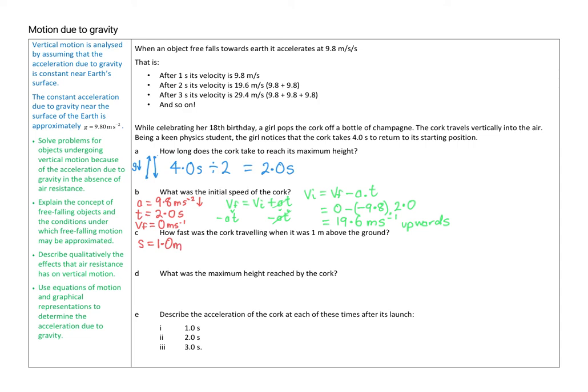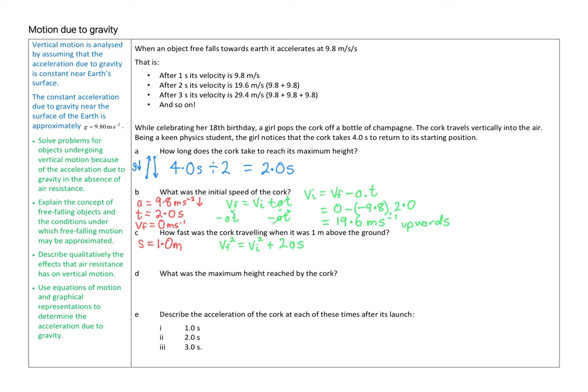and the other information all still applies. The formula we can use here is VF squared equals VI squared plus A times... not going well today. Plus 2AS, that was just on the previous slide.